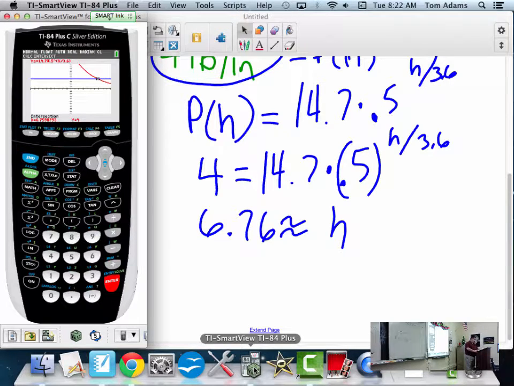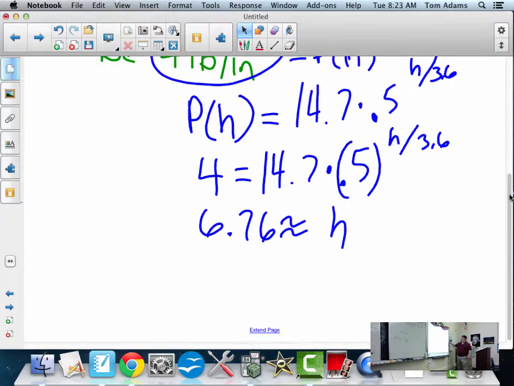Not too shabby. Is there another way we could have done this on the calculator? We've figured out a lot of ways to get the answer. Is there another way we could get the answer? Somebody said it earlier, somebody said it back here in the corner earlier. What's another way we could get the answer using this information?